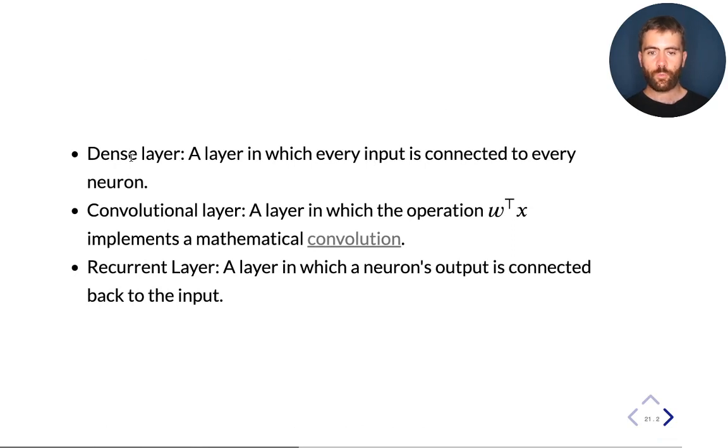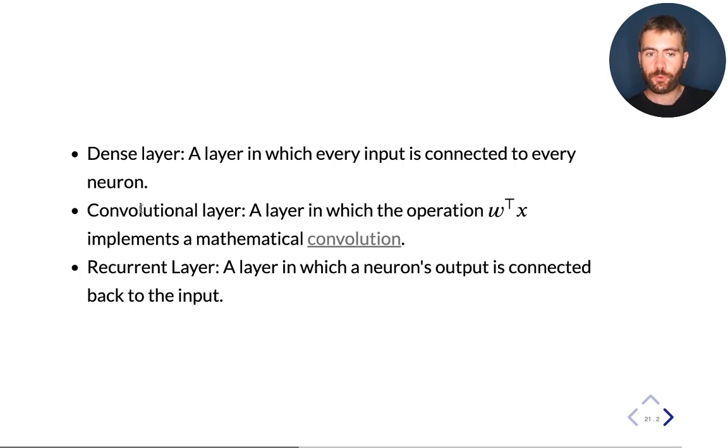We use the term dense layer to denote the kinds of layers that we have seen before, where we have a matrix operation and every neuron from the previous layer is connected to every neuron in the following layer. But in practice, many useful layers do not have these dense connections, or if they do, they reuse parameters across them.